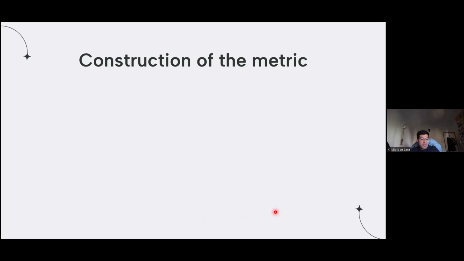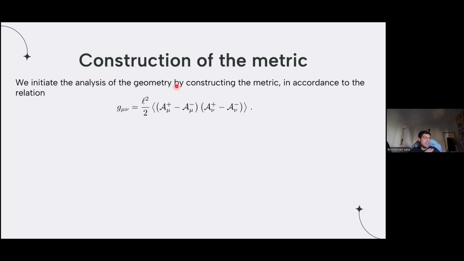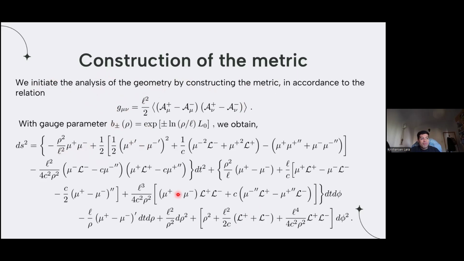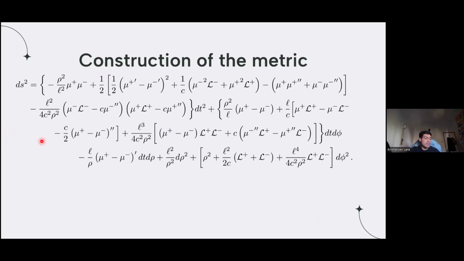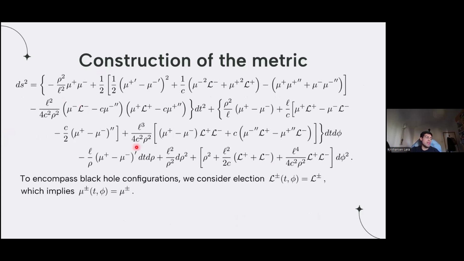So now we can construct the metric, and we initiate the analysis of the geometry by constructing the metric in accordance with the following relation, with the following gauge parameter. Okay, it is possible to construct this horrible metric, but this metric will be further simplified. It will be tractable with the following configuration. So we are going to work with the zero mode.